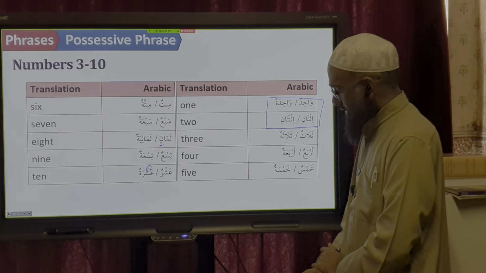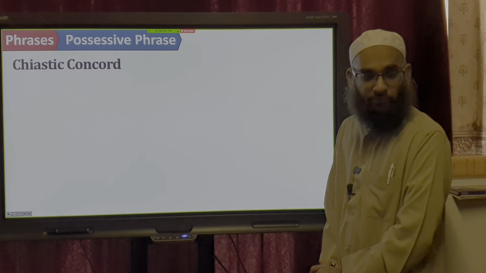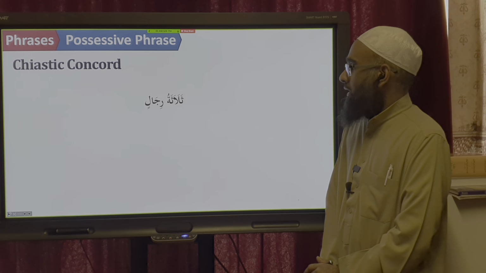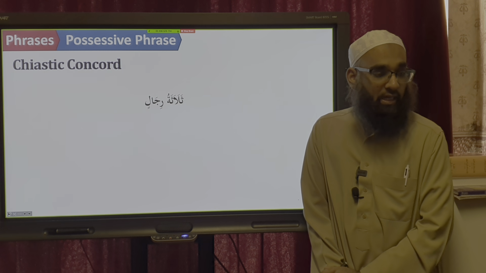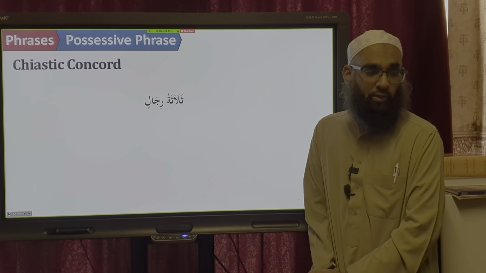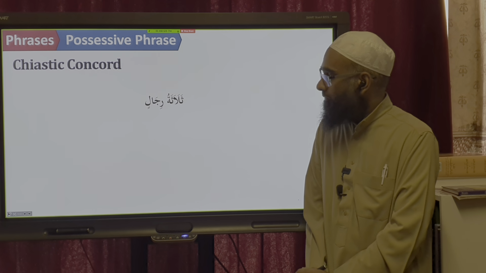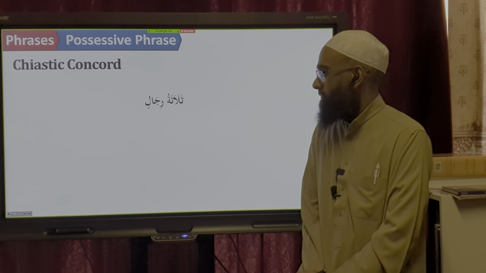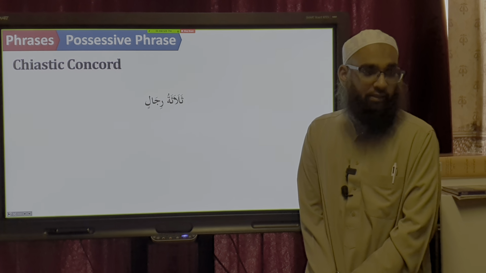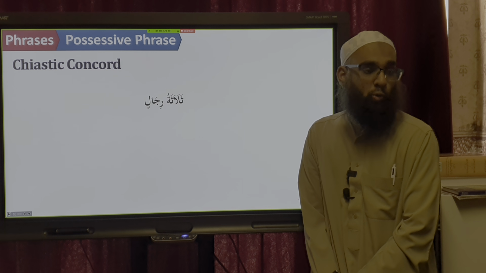Okay? Good? Now, 3 men. How do you say 3 men? We have here thalathatu rijalin. What do we notice regarding the gender of these two? What's the structure in tarkib? Thalathatu rijalin.